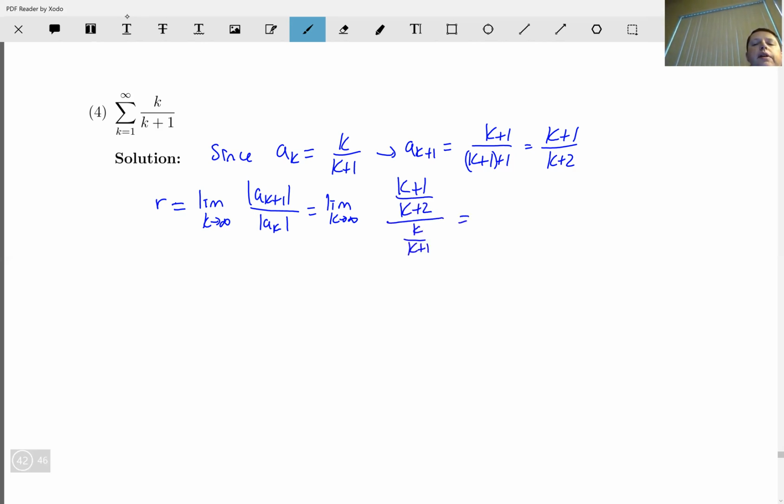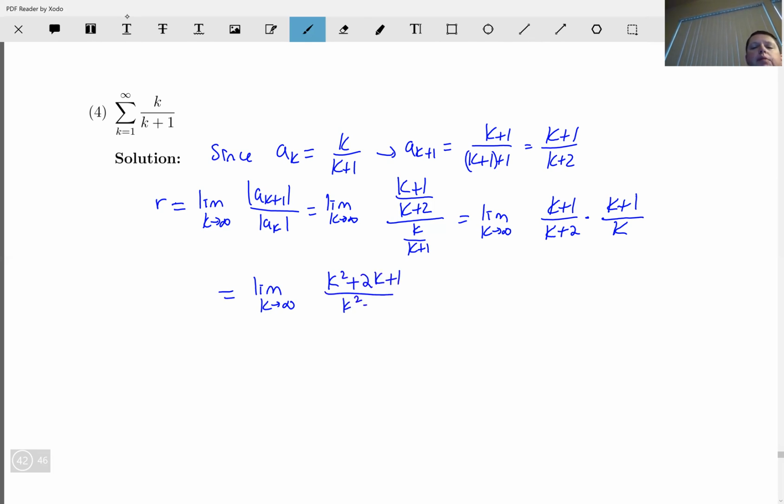So I'm looking at the limit as k goes to infinity of (k+1) over (k+2) times (k+1) over k. So I have the limit as k goes to infinity of k squared plus 2k plus 1 divided by k squared plus 2k. And what is that limit?